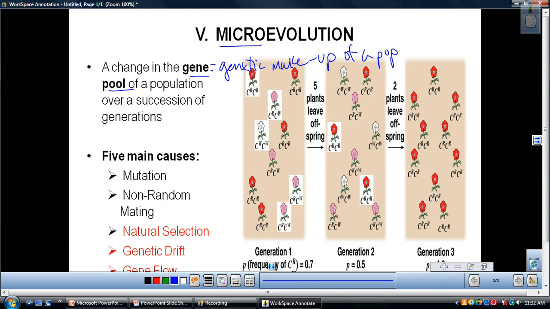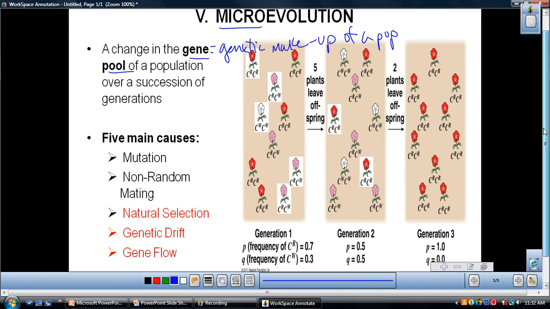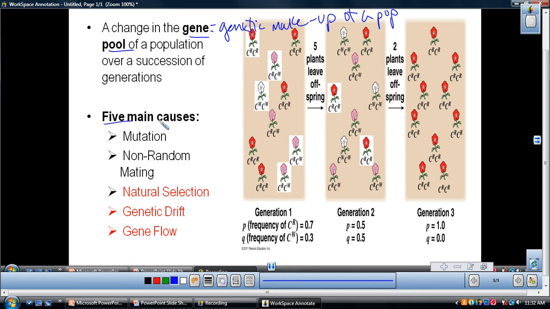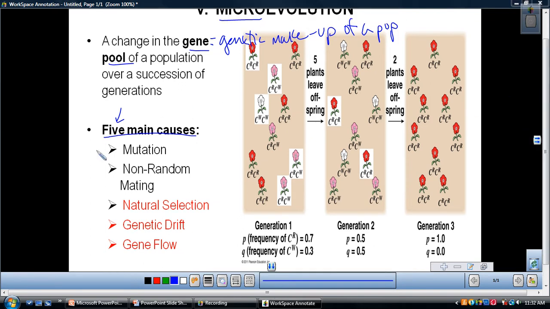Now, what are some causes for microevolution to occur? You should be able to tell me this already, because for Hardy-Weinberg to stay in equilibrium, we talked about the 5 things that must remain constant. So the 5 main causes of microevolution are the opposite of what would be required for Hardy-Weinberg.